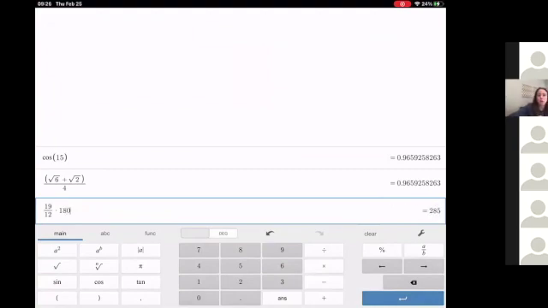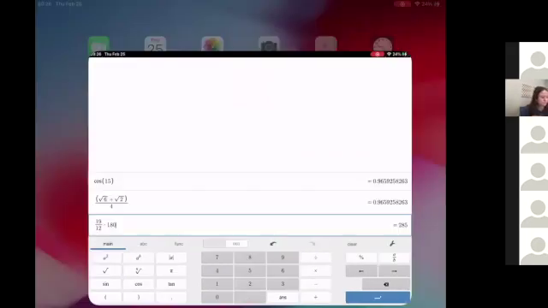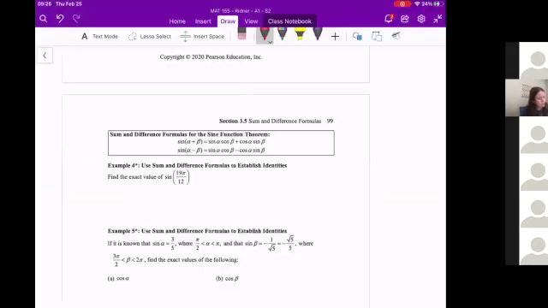So that's 285 degrees. So what are two things that either add or subtract to get 285 degrees?